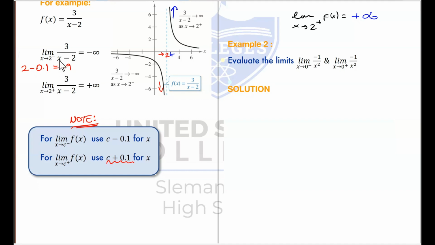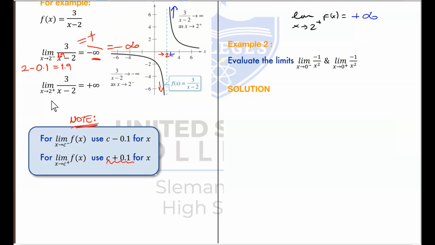You'll substitute 1.9 back for x. The top, 3, is positive. 1.9 minus 2 is negative 0.1, so the bottom is negative. So positive over negative will give you negative infinity. I don't care about the results. I am just using this number to identify the sign of infinity.